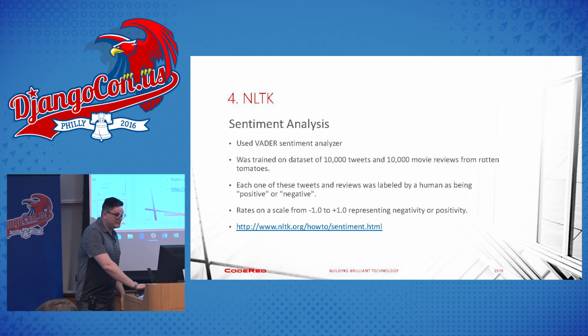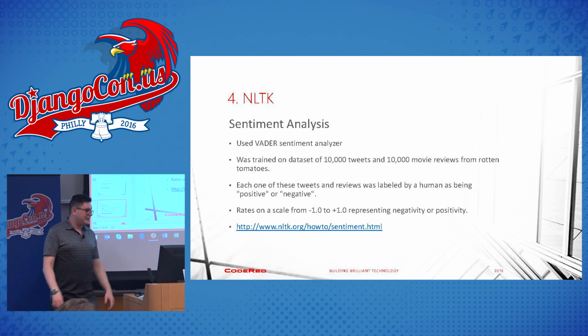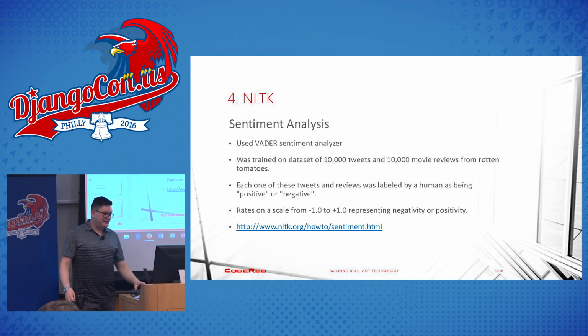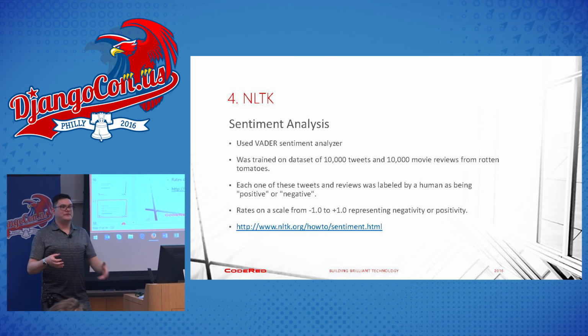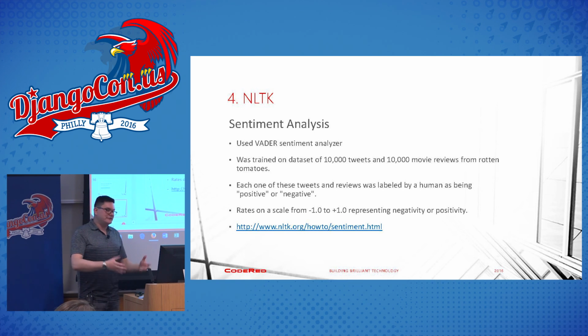So from here, you can basically feed anything you want into the Vader algorithm, and it will scale it from -1 to +1, whether it's 100% negative or 100% positive, based on its training set. Because it was trained on movie reviews, it was pretty relevant to us, I think.